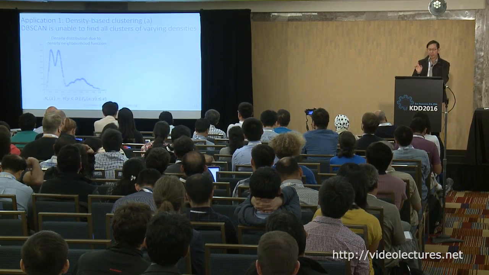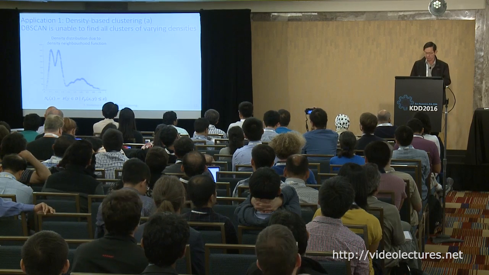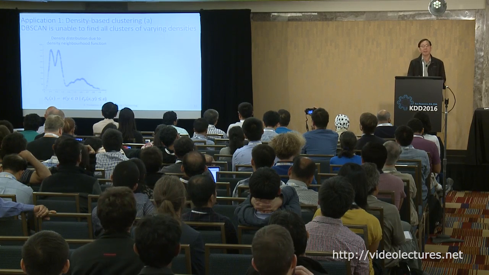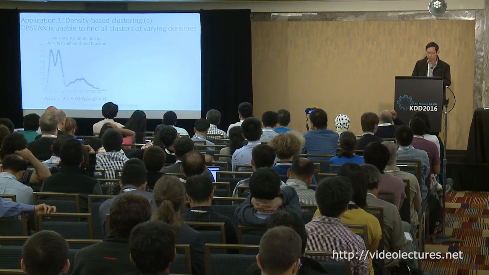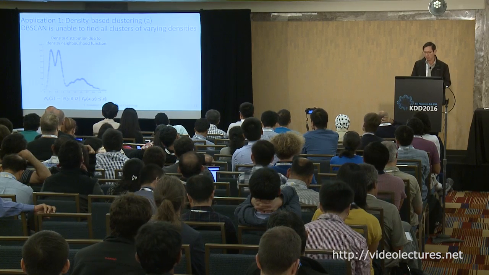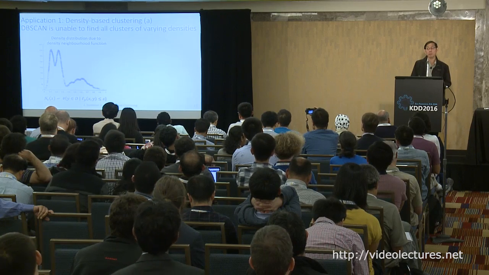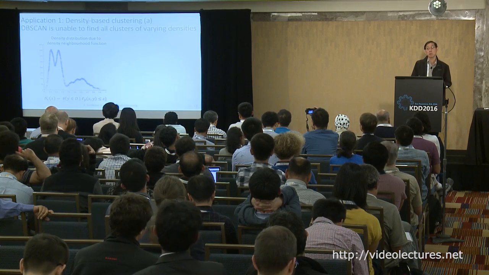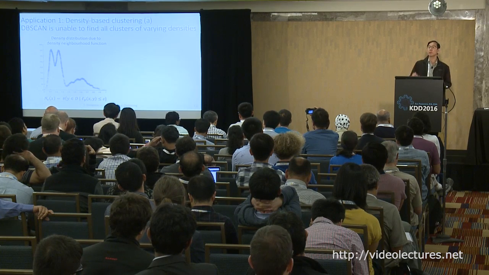So we apply that to 3 tasks. The first one I'm going to show you is density-based clustering, for example, DBSCAN. We all know that DBSCAN is unable to find all clusters of varying densities. And in fact, from what I know, nobody knows exactly under what condition DBSCAN will fail to do that.